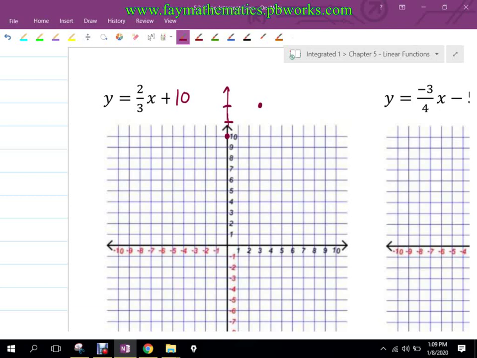Here's where we come into having a problem. Let's say we're on Math Excel, or we're on the end of course exam, and that test has a graph like this, and you can't augment the graph. You can't change the graph. You can't add to it. You can't remove from it, whatever. So I can't go up 2 and over 3 because I run out of graph, right? Does that make sense? Okay.